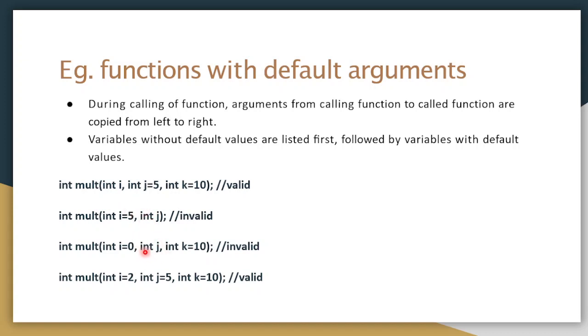This one is also an invalid function call. Basically, when we write a function call for a function with default arguments, we should first provide the values for parameters which don't have a default value, going from left to right.